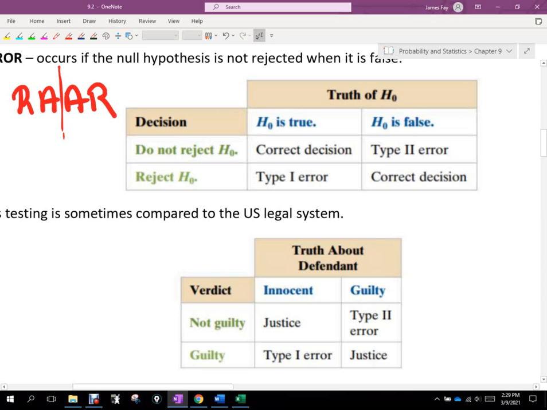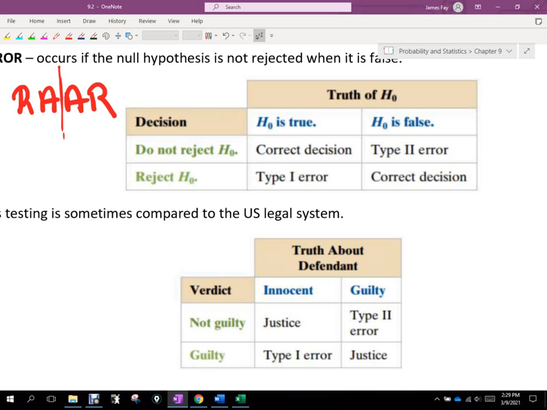So H sub 0 is true, so the null hypothesis is true. That's being innocent. If found not guilty, and I was truly innocent, right? In our legal system, you are innocent until proven guilty, correct? So innocence is the null hypothesis. That's the accepted truth until evidence shows otherwise. And that's what we're going to go through with hypothesis testing.